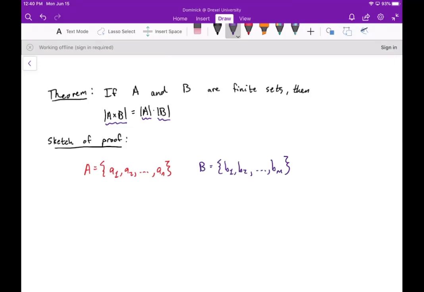Okay, so now let's consider ordered pairs with first coordinate a1. Well, to select an element from set B to be the second coordinate, a1 has m choices for a second coordinate.